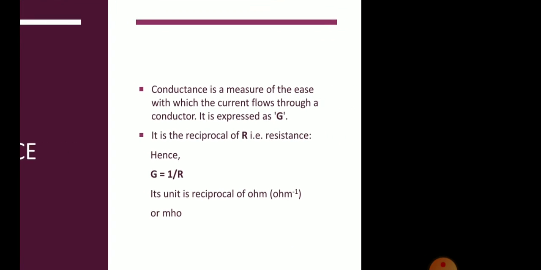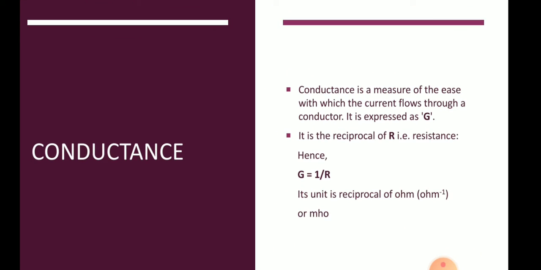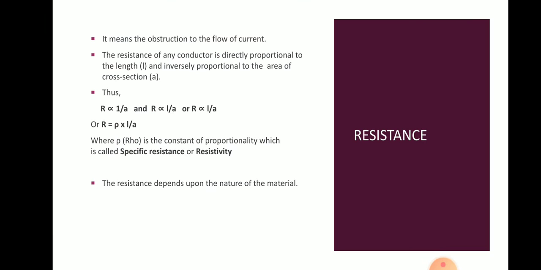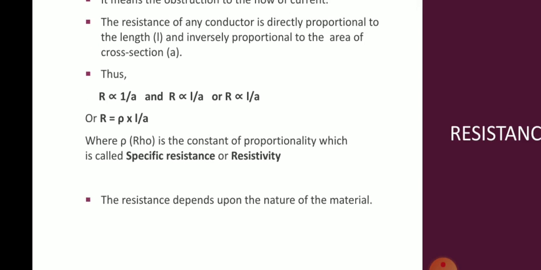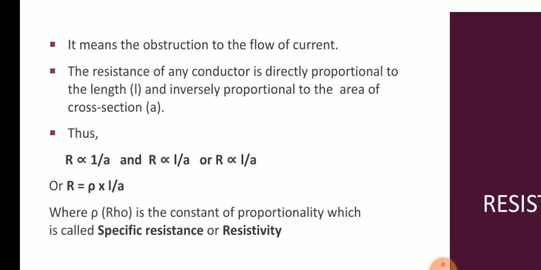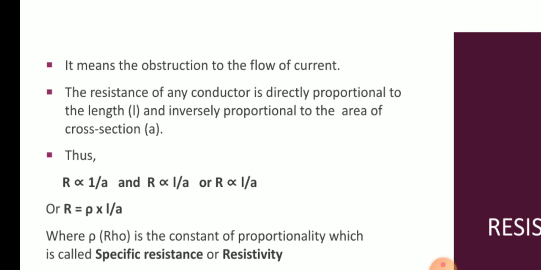Now the third term is resistance, because you have just seen the term 1 by R. So what is R? Try to understand it. It means the obstruction to the flow of current.